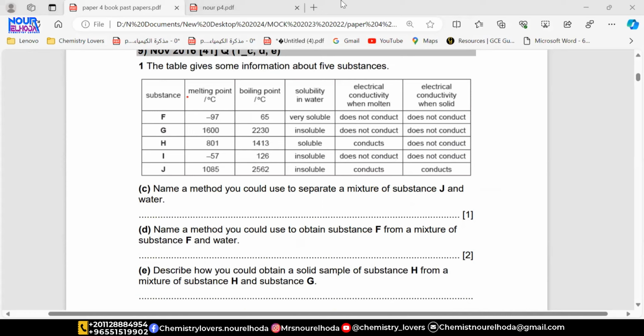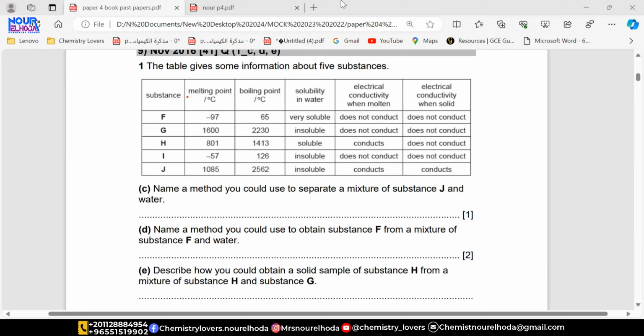If I'm having a question like this, it's again related to melting point, boiling point. Miss, is this classified or past papers? No, of course this is classified. What's the difference between classified and normal past papers? Classified means it's topic by topic, but normal past papers are for the whole topics together, mixed.